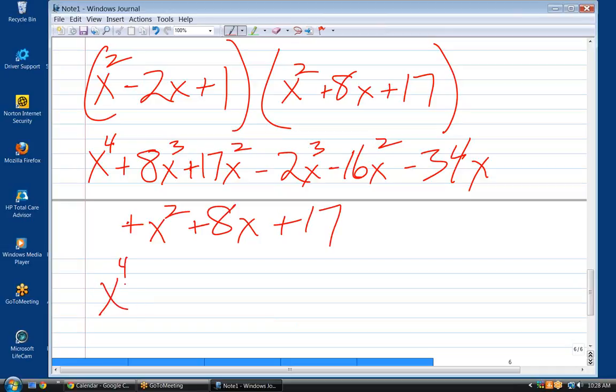There's always only one of those. So we don't need to search our answers for more x to the 4ths. What's our total x cubes? 6x cubed.